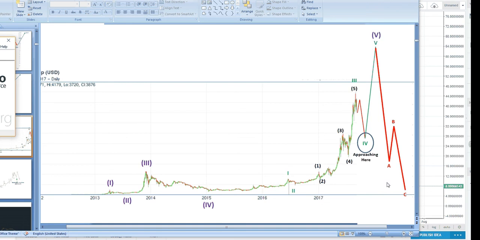And after this will be around the same time frame, maybe Q1 2018. I don't know. Maybe it could be stretched out more. And if wave 4 is finished, this is Bitcoin, by the way, on a linear scale, then we're looking at wave 5.